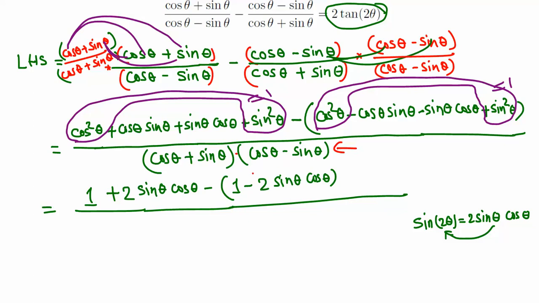Now there will be no cancellation, so let's multiply these two. Just FOIL: cosine times cosine, cosine times negative sine, sine times cosine, sine times negative sine. Cosine times cosine is cosine square theta, cosine times negative sine is negative cosine sine, and sine times cosine is positive sine cosine.